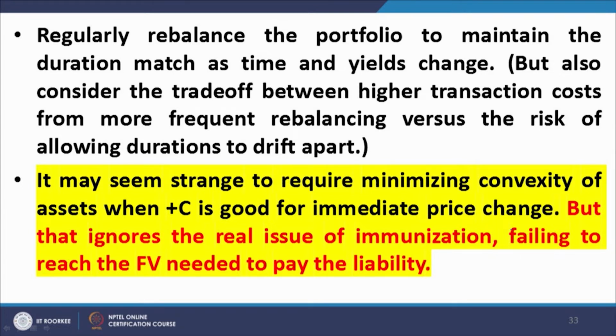It may seem strange to require minimum convexity. This is important, that is why I have highlighted it in yellow and red. It may seem strange to require minimizing convexity of assets when convexity is good for immediate price change. Remember, the higher the convexity, the higher the positive price change.